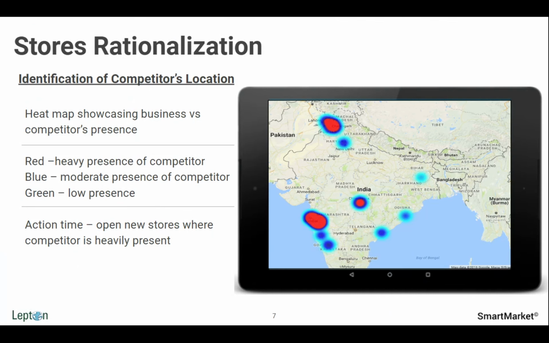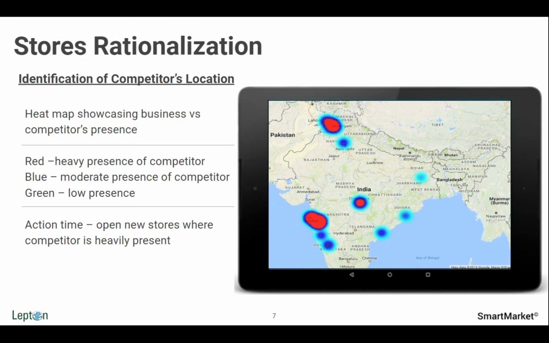So Smart Market gives me the liberty to visualize how I am faring, how I am placed in comparison to my competitors, in this case the competitors of Shoppers Stop. Once I visualize where my competitors are located, I would want to zero in on locations where my competitors are not heavily present.